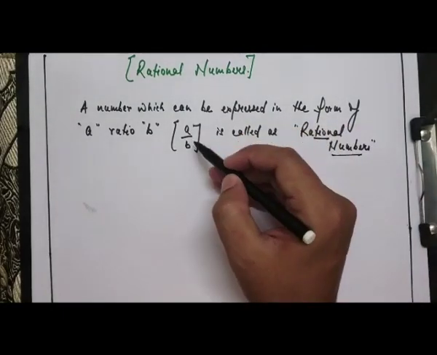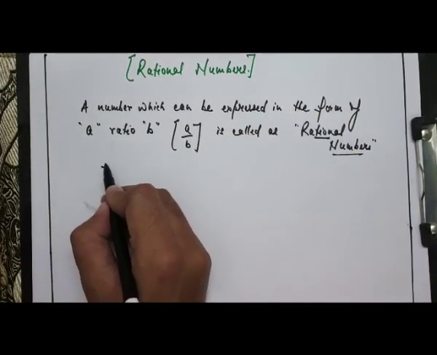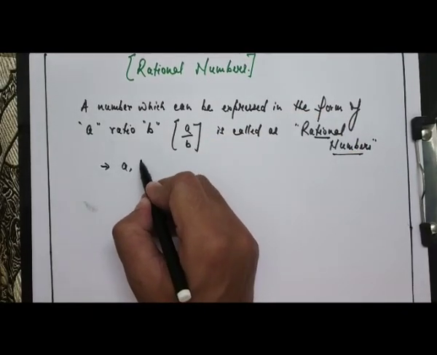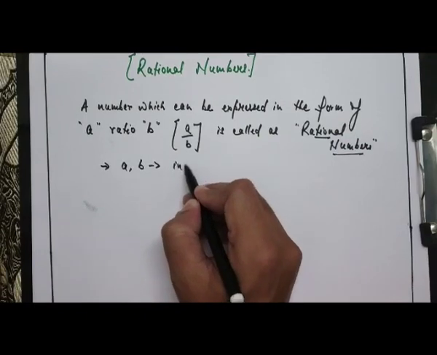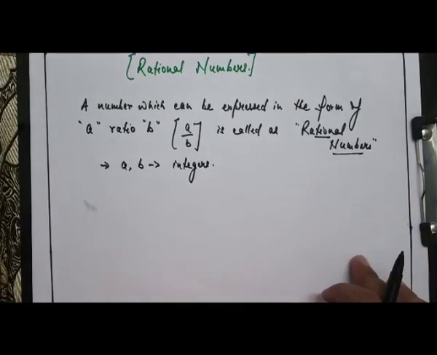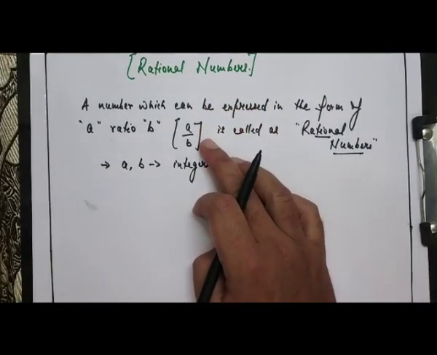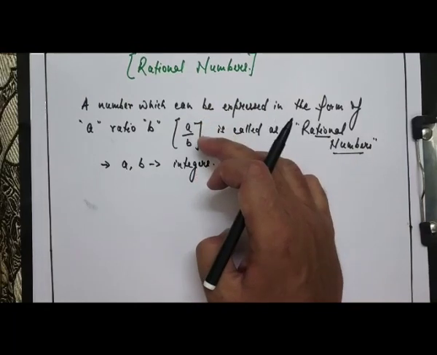Now what is a and what is b? Remember, a and b both are integers. First condition, what are a and b? A and b, they both are integers. Now integers can be positive and integers can be negative as well. So a upon b is a rational number where a is an integer and b is an integer.